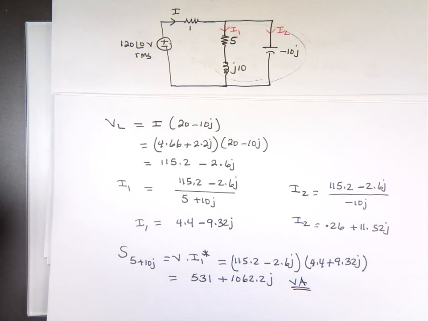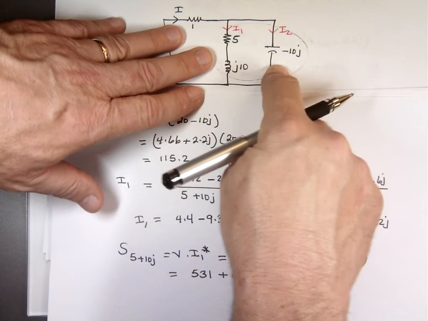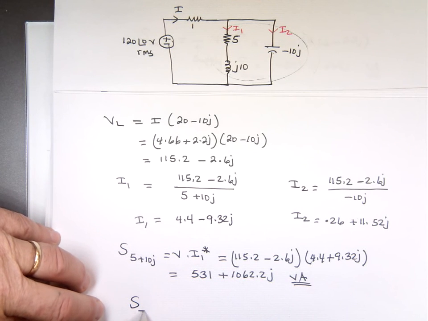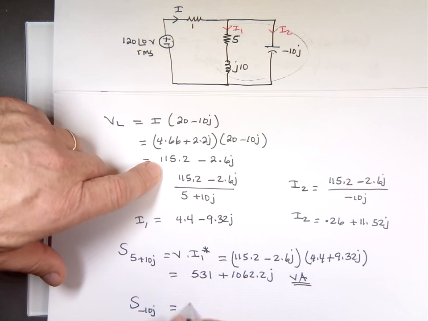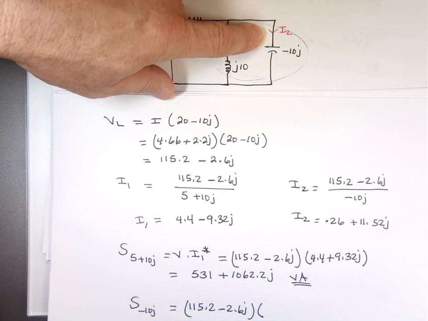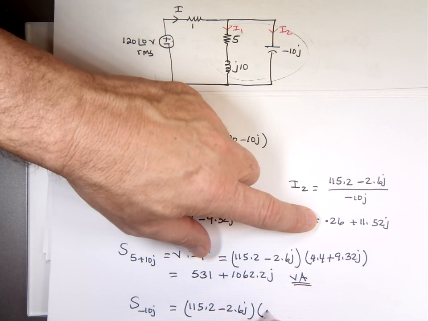And now we can find the last one, the complex power absorbed by that one, which is V. Again, the V is 115.2 minus 2.6j times what? I2 conjugate. I2 conjugate will be 0.26 minus 11.52j.